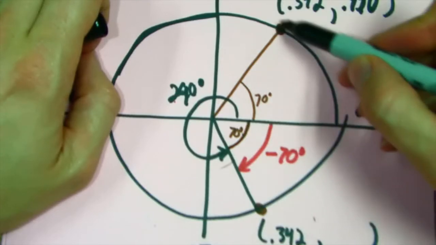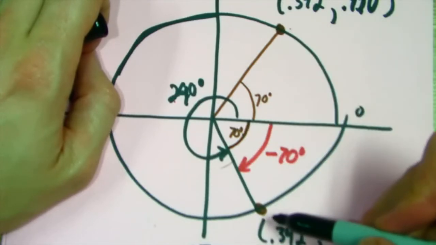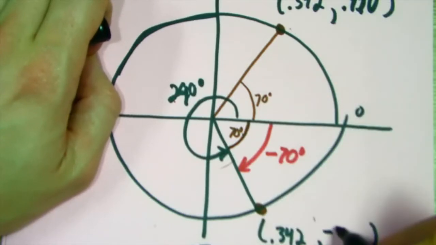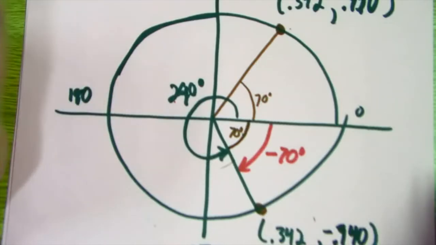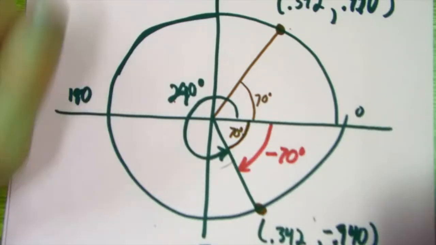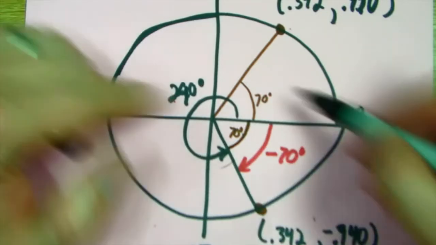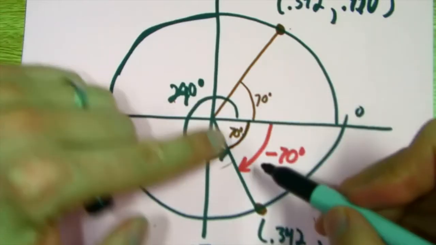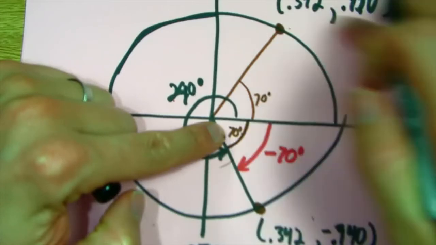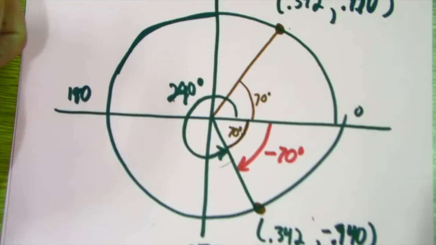Well, yes, this one's positive, this one's going to be negative, but they should have the same value. So this one's going to be a negative 0.940 y-coordinate. Okay, so hopefully that's starting to connect. If I know an angle, and I know that I have another angle that has the same reference angle as it, then the coordinates should have some similarities.